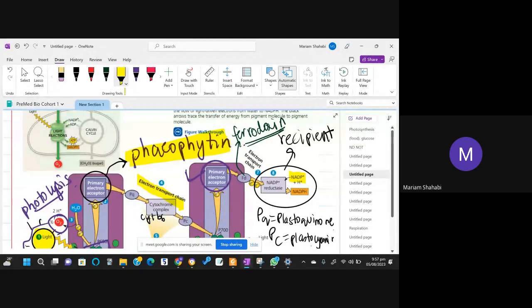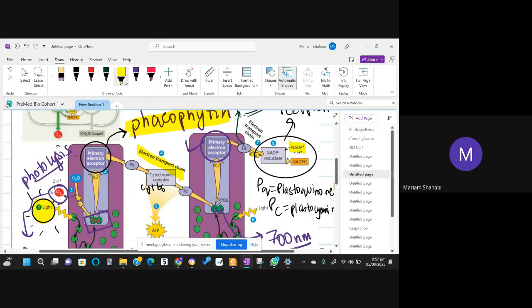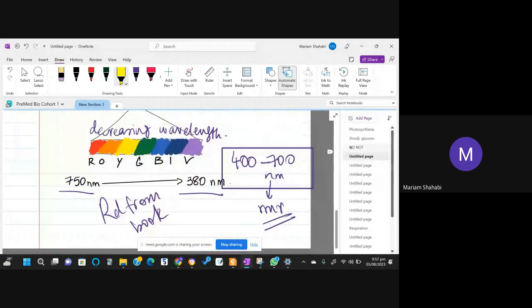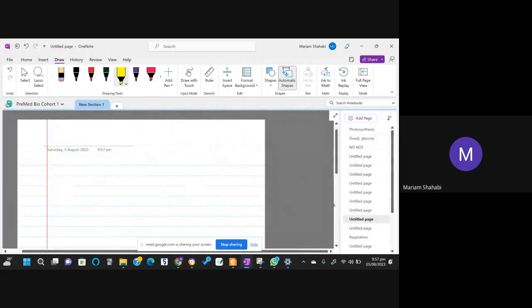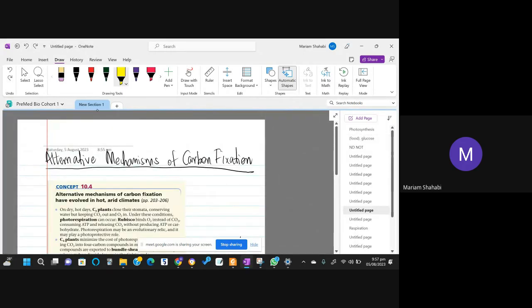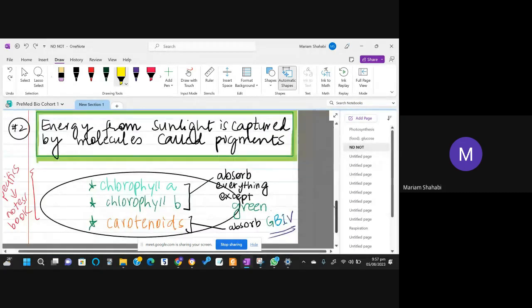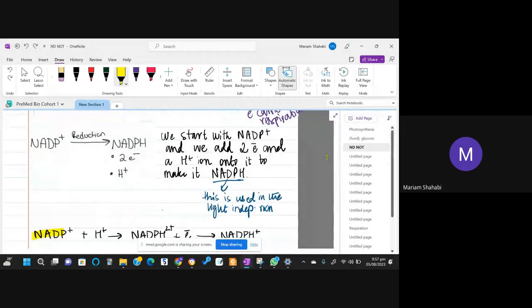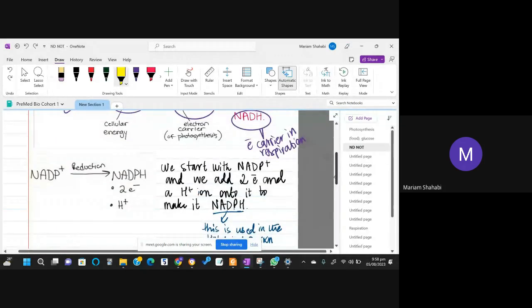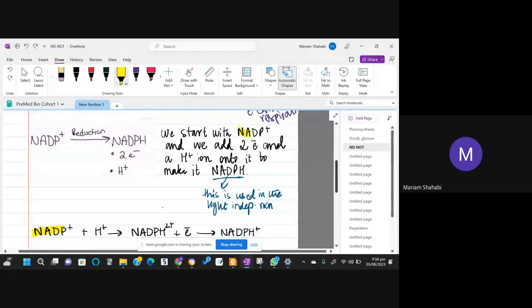NADPH की importance है in the next step, the Calvin cycle. हाँ यहाँ पे. तो NADP plus और NADP reductase क्या कर रहा है? NADP reductase has NADP plus.